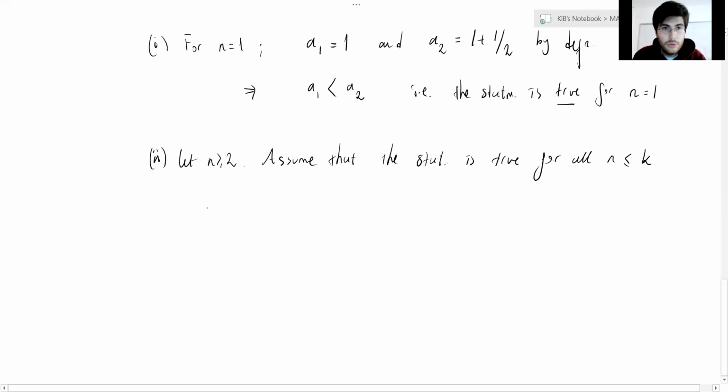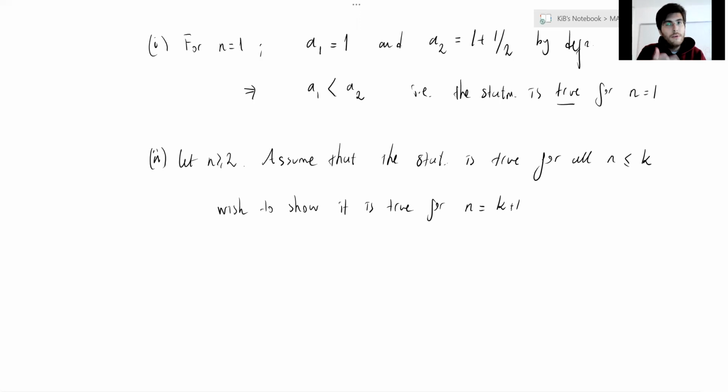And now we wish to show it is true for the next step. If it is true up to some point, it's enough to show that it is true for the next step. So this is more or less the idea.